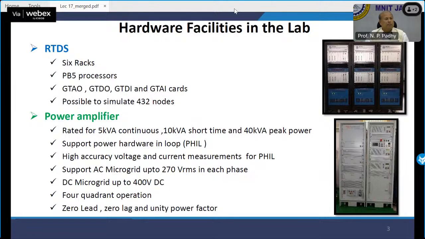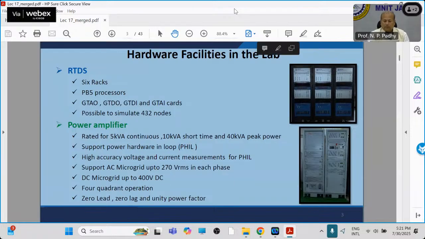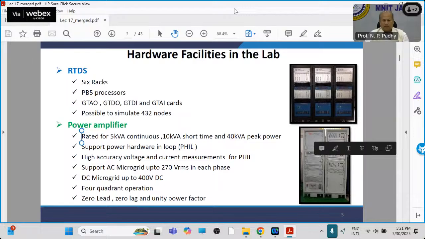It can operate in 4 quadrants, and zero lead, zero lag, and unity power factor operation is also possible. Okay, there's some issue. Yes, okay, good.